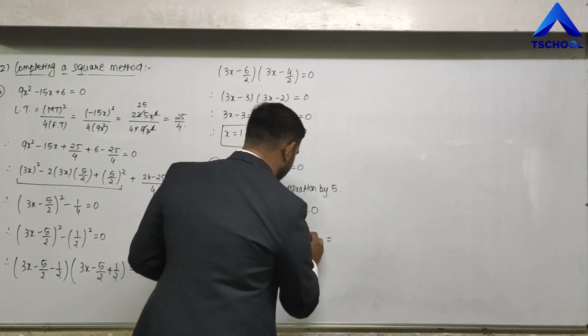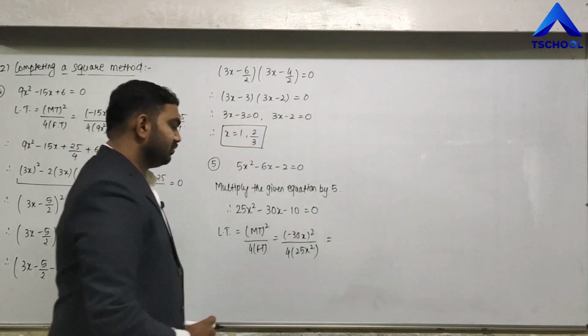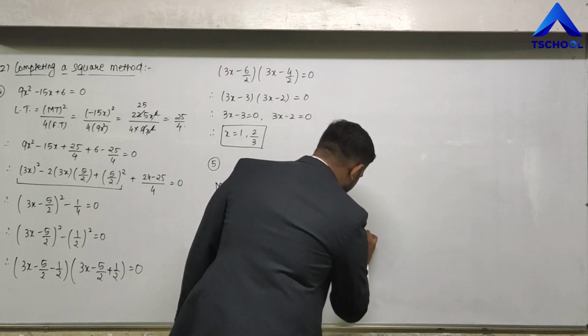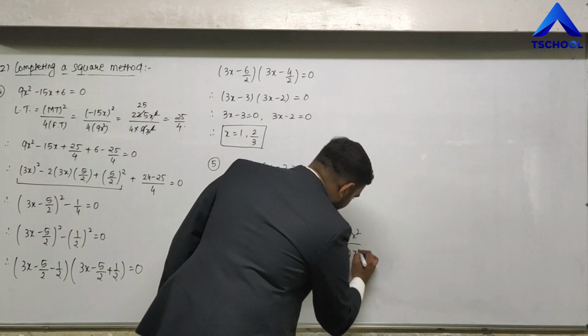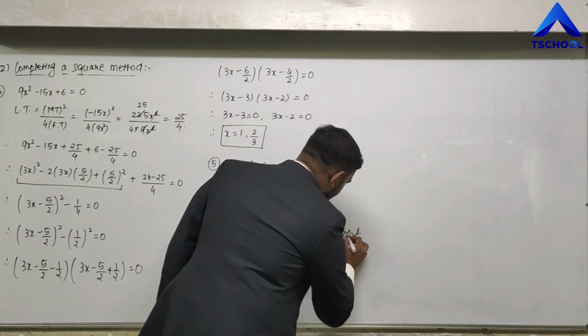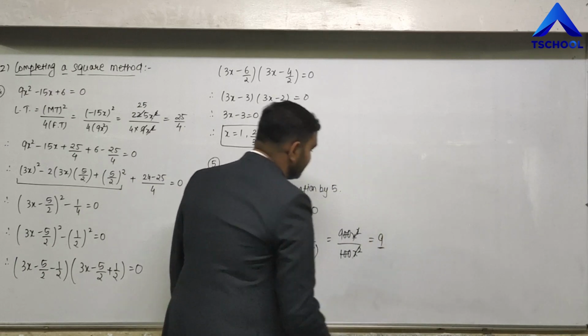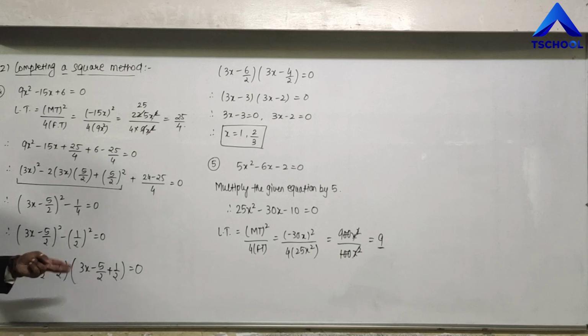I have made a mistake here, it is 30x whole square, right? So square of 30, that is 900x square upon 4 into 25, that is 100x square. X square, two zeros can be cancelled, and hence we get the last term as 9, right?